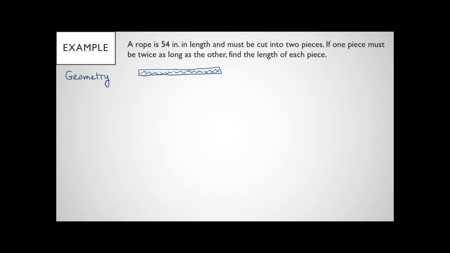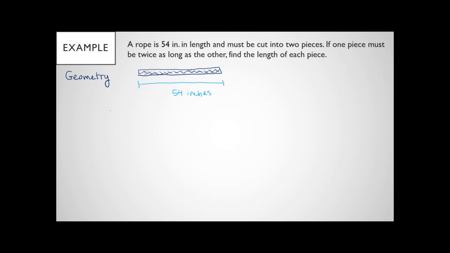And then I read the problem again, and start to pick apart the information. I use color coding to help me. It says that the rope is 54 inches in length, so that means the distance is 54 inches.